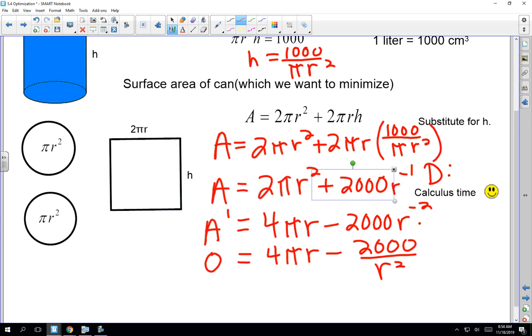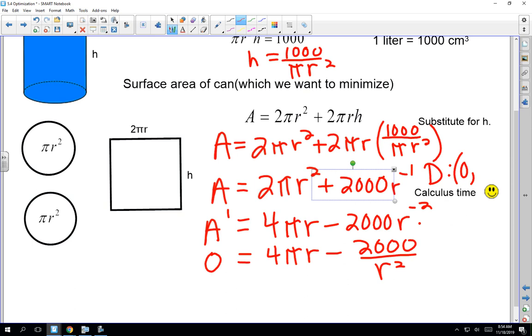Do you have any ideas on domain? What's the biggest the radius could be? I don't know if it's that obvious here. How could we use technology to figure it out?